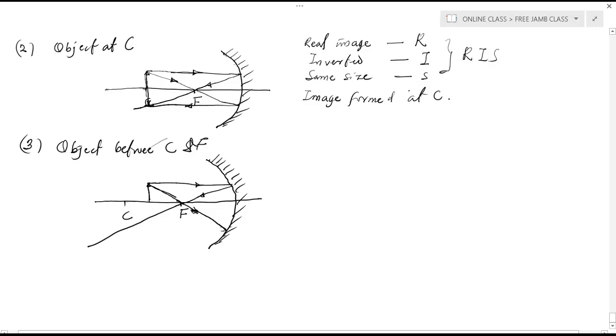It reflects back there. And they all meet. They met here. So what is that implication? The image is still real, R. Still inverted, I, but it's now magnified.